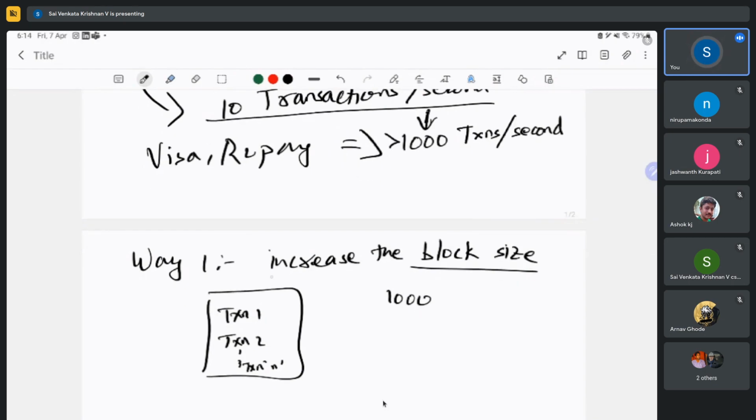And also increasing the block size is sort of like you perform a fork actually, and all the nodes should agree to that upgrade. Okay, so this is the first way to increase your transaction throughput. So the first is you should increase the block size.